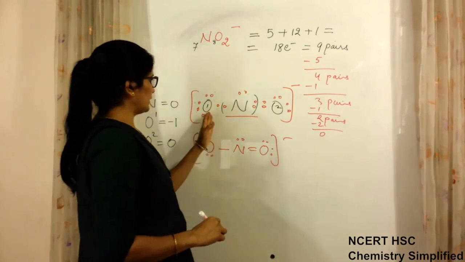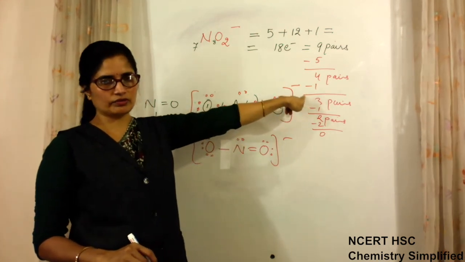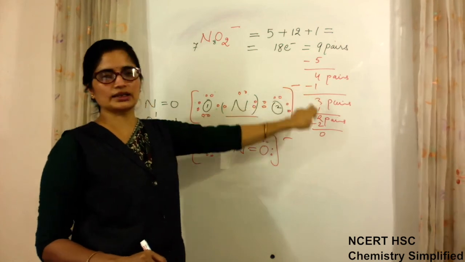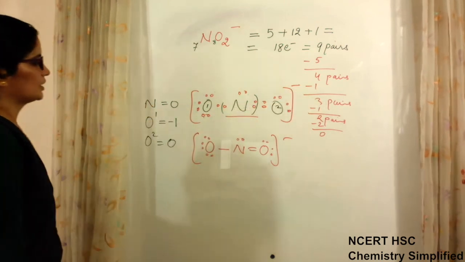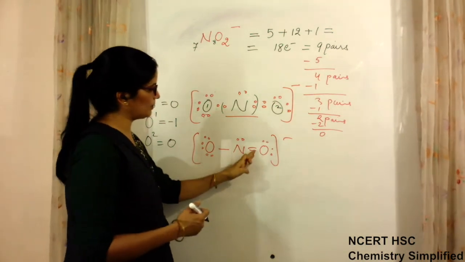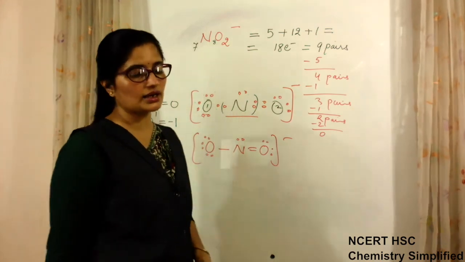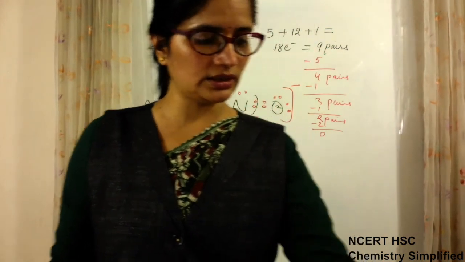So this one only is having 1 extra charge and it is coming from 1 extra electron which you have taken. Now again in this case double bond can be present on any of the side, either this side or this side. Both structures are identical ones. You can draw any out of the two.